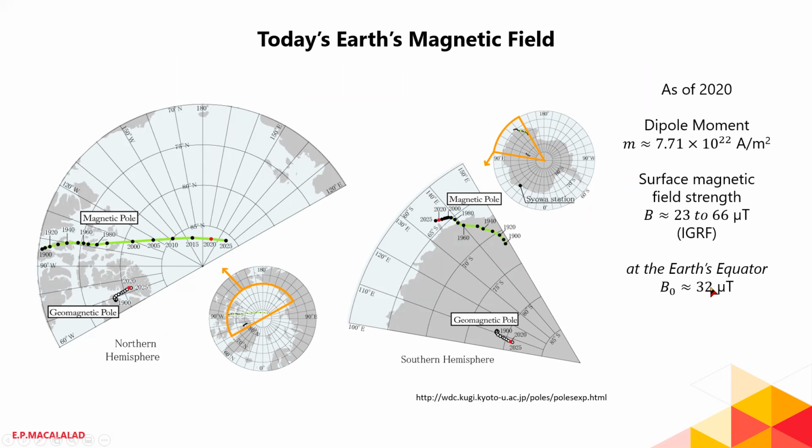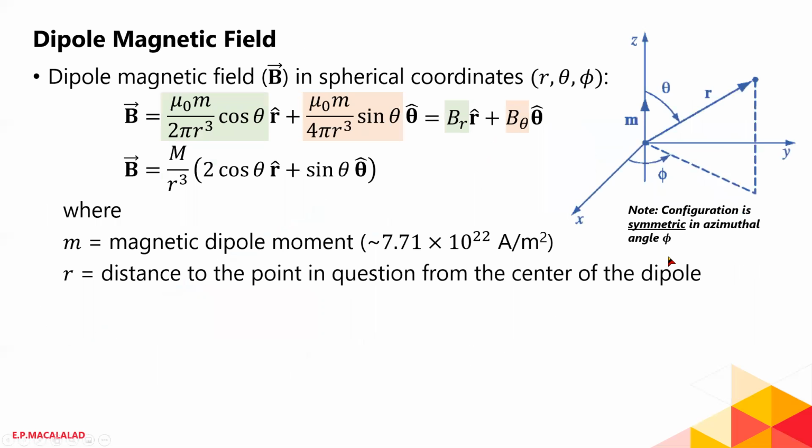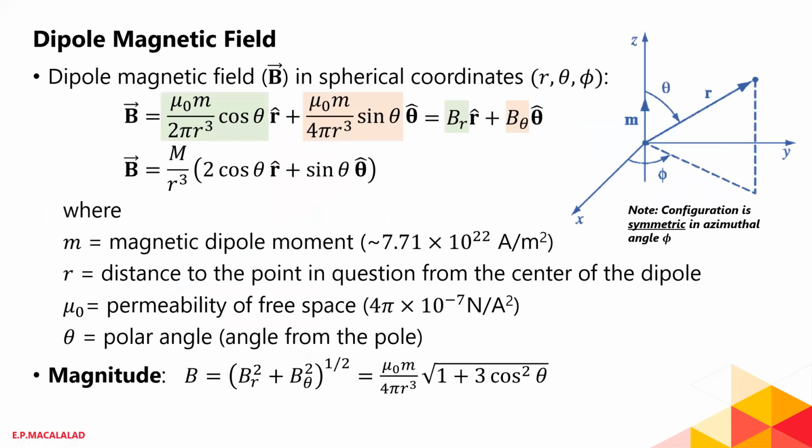So based on my calculations, it's about 26 microtesla, while the Earth's equator is about 32 microtesla. So very, very close. That means that as a first order approximation, this magnetic dipole equation is actually good.